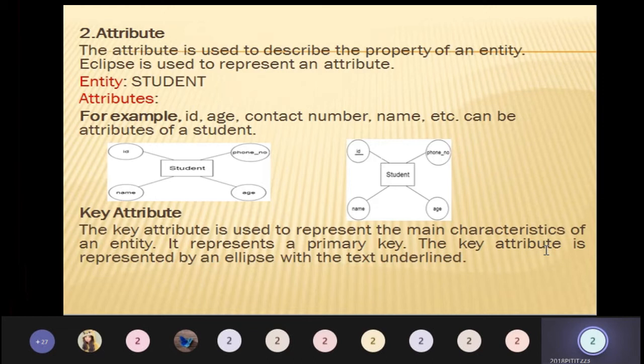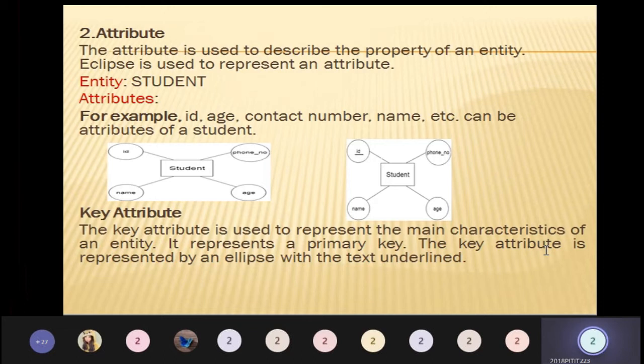This is represented by an ellipse, that is, an oval shape.